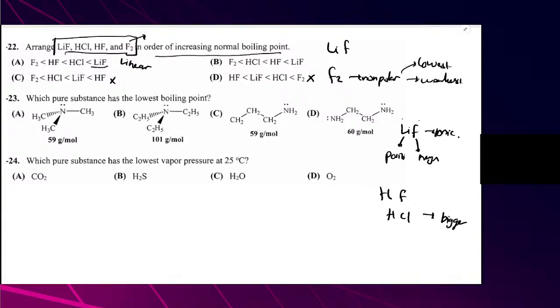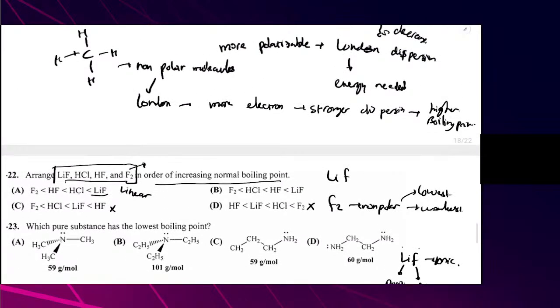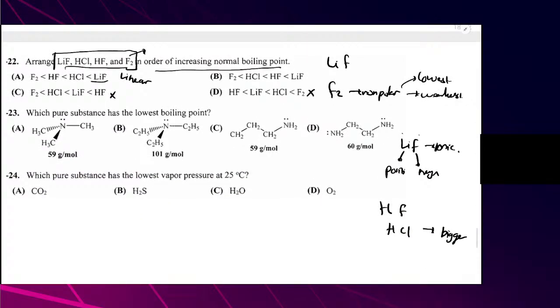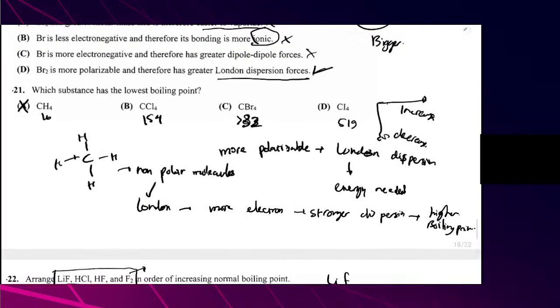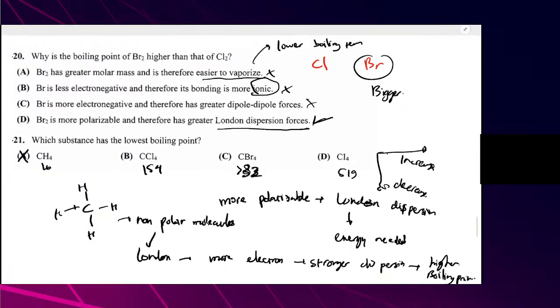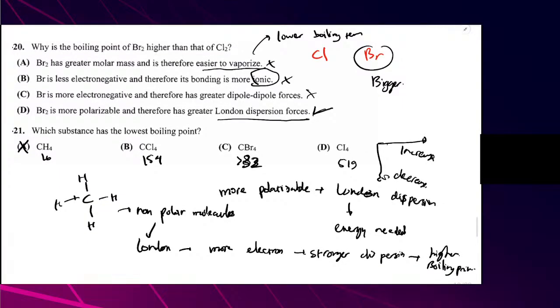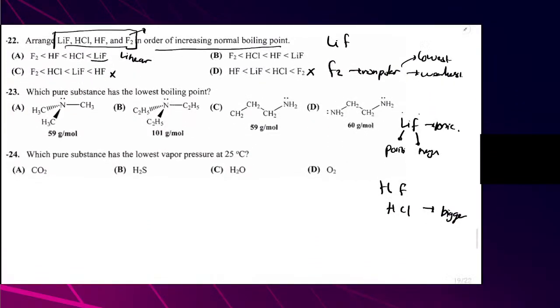The bigger one has more electrons, is more polarizable, and has stronger dispersion, and then it will have a higher boiling point.